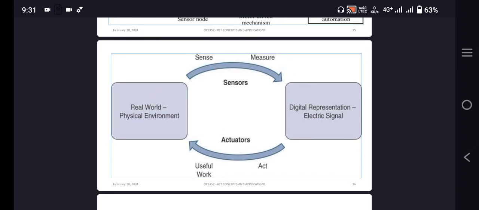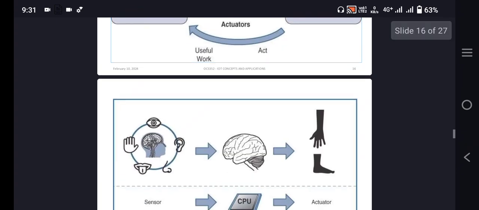The difference between sensors and actuators is that in the real world, the physical environment, the various parameters are sensed by the sensor, and the digital representation is given to the processor. Actuators are based on the control, and the reaction is given as useful work.